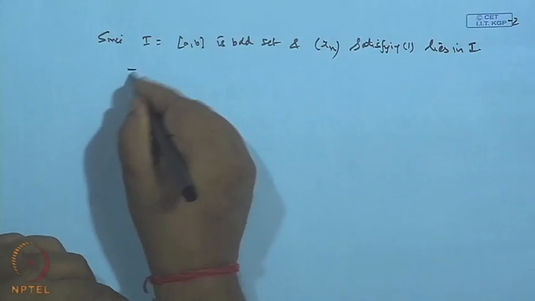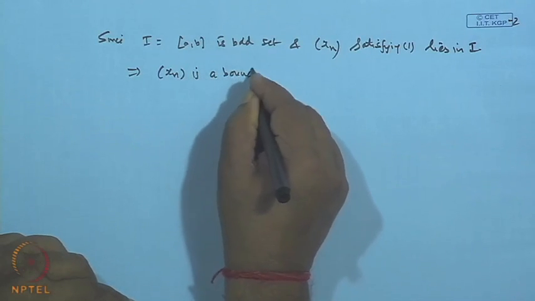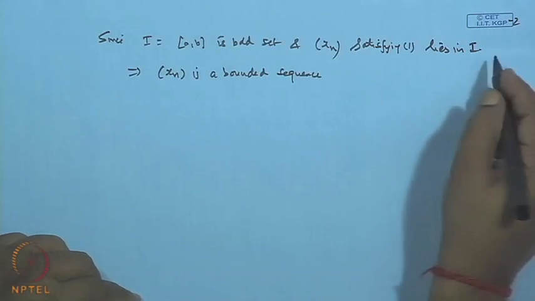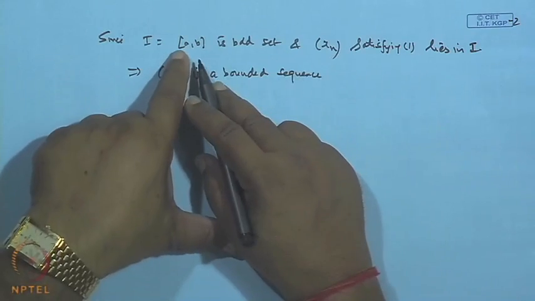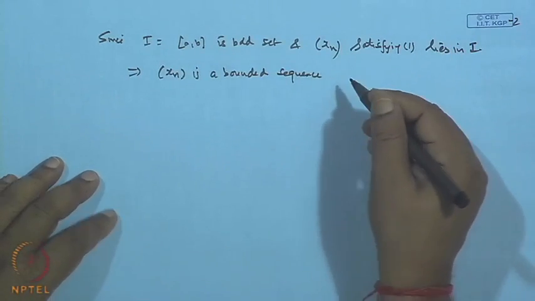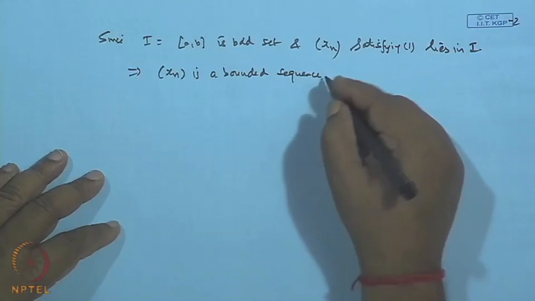So, the sequence x_n is a bounded sequence, because x_n lies between A and B. So, all the terms of the sequence have a lower bound, say A, and an upper bound, say B. It is a bounded sequence, and we know by the Bolzano-Weierstrass theorem that every bounded sequence has a convergent subsequence.